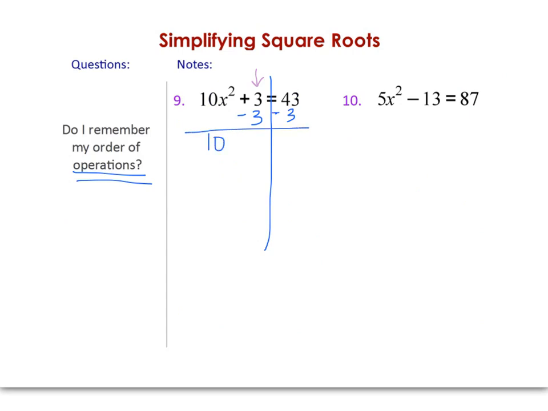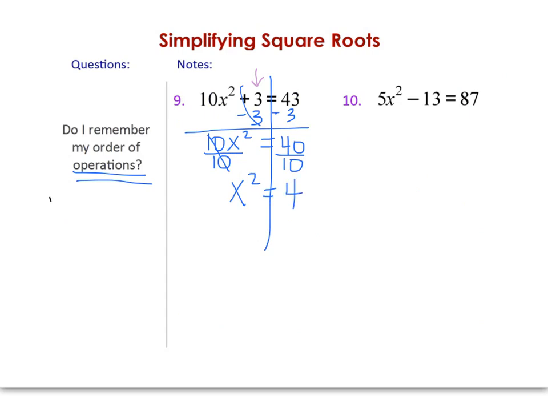So I get 10x squared. Well, 3 minus 3 equals 0. So I get 10x squared equals 40. Well, I'm solving for x, so I got to divide by 10 on both sides. So I get x squared equals 4.